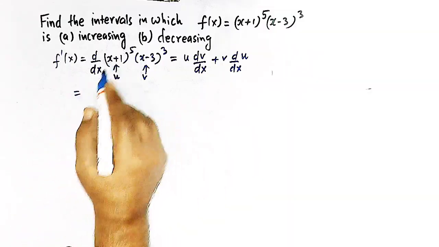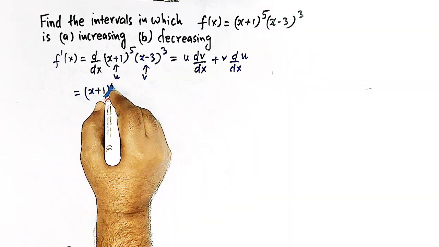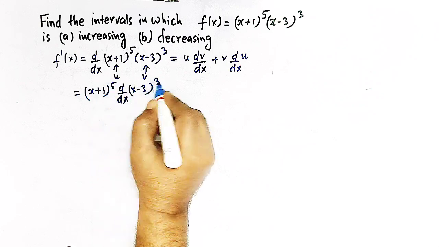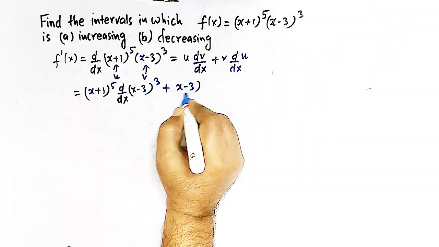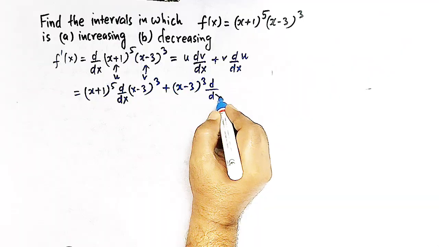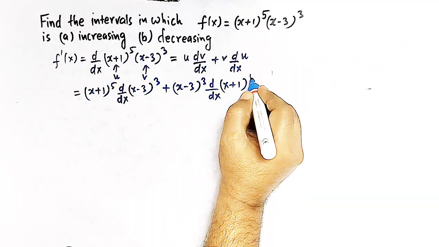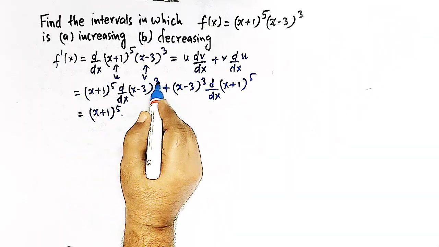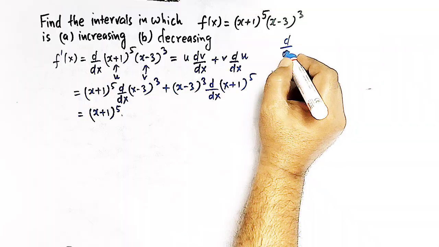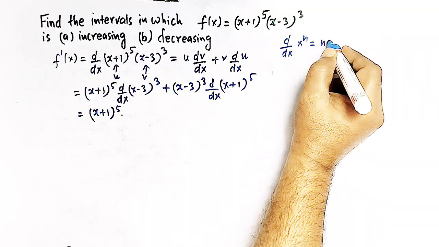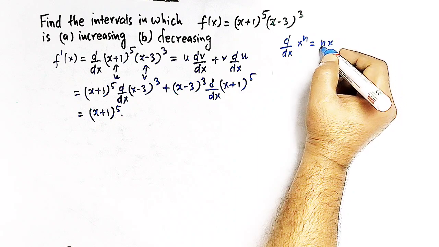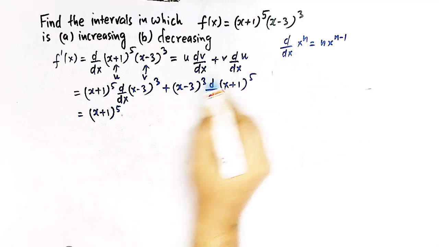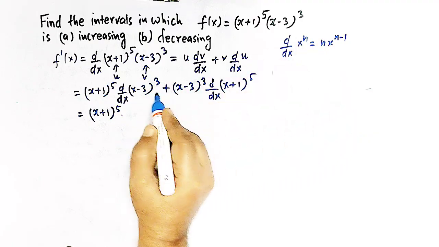So here we have (x + 1)^5 times d/dx of (x - 3)^3, and then we have (x - 3)^3 times the derivative of (x + 1)^5. Now we can make use of the power rule for differentiation, that is, the derivative of x^n is n x^(n-1). First we apply this rule where the value of n is 3.